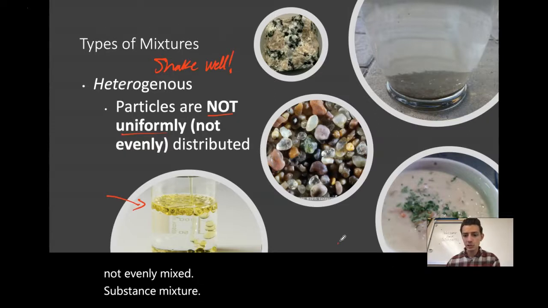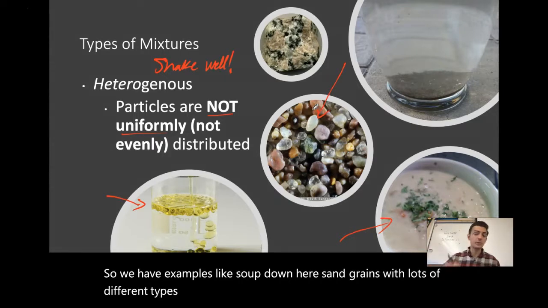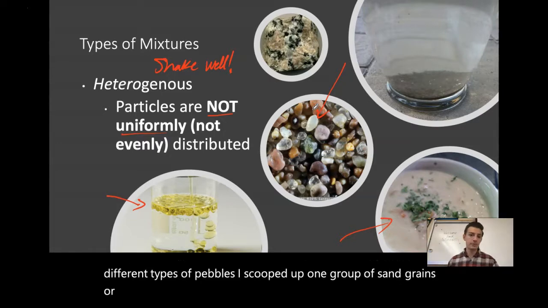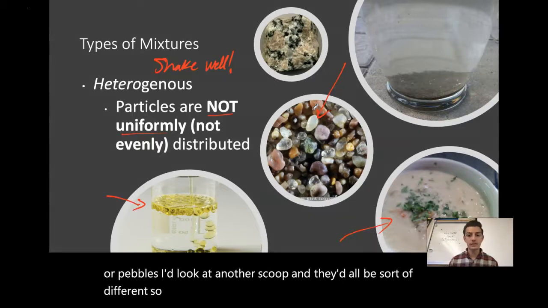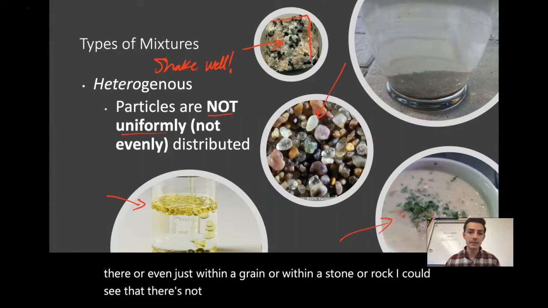So we have examples like soup down here, sand grains with lots of different types of pebbles. If I scooped up one group of sand grains or pebbles, I'd look at another scoop and they'd all be sort of different. So there's not an even mixture of the types of sand grains there, or even just within a grain or within a stone or a rock, I could see that there's not an even mix of the different types of chemicals that the rock is made out of.